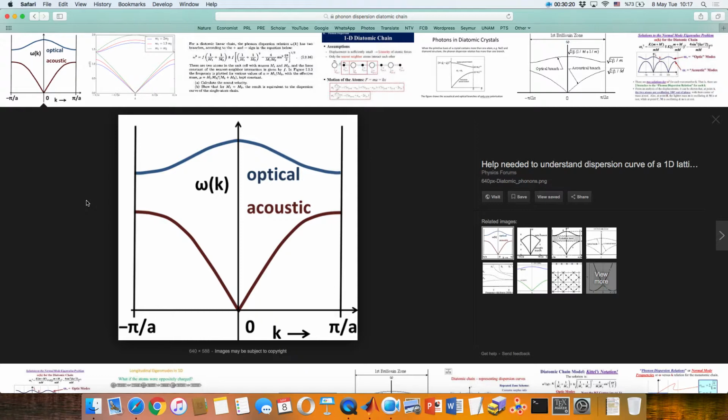How many degrees of freedom? 1. They are moving only in one direction. But don't you have separate for both of them? Okay, how many degrees of freedom do you have? Then your answer is 2. Right? Yes, you're right.